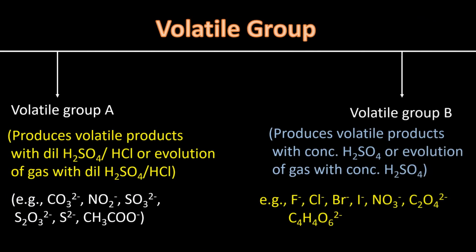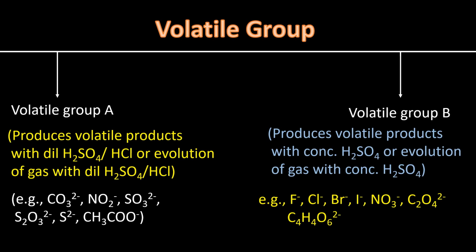Now, this volatile group, once again, is divided into two subgroups. Volatile group A, another one, volatile group B. The volatile group A means which produces volatile products or evolution of gas with dilute acid, dilute sulfuric acid or dilute hydrochloric acid. Generally, we use the dilute sulfuric acid.